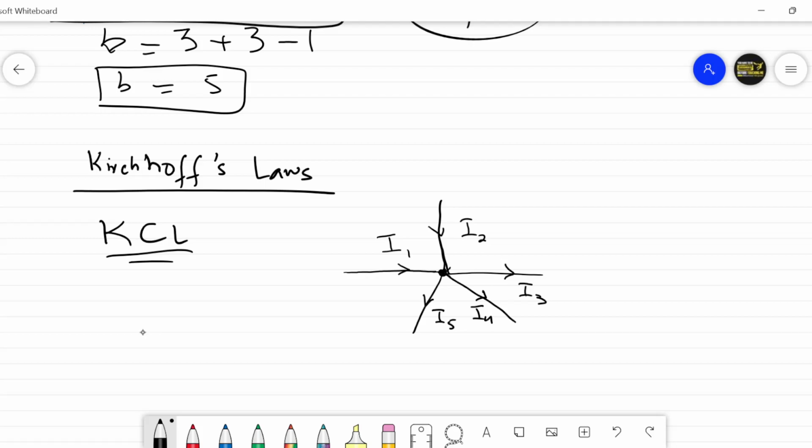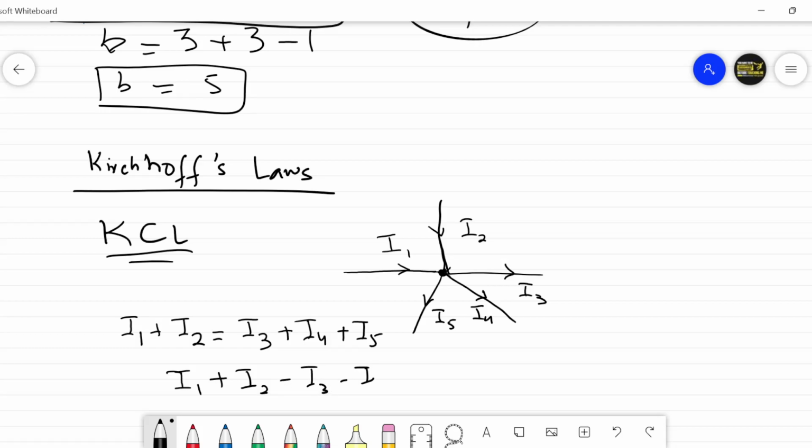So I1 plus I2, the current flowing into this node, is equal to the current flowing out of this node, that is I3 plus I4 plus I5. Or you can represent this as I1 plus I2 minus I3 minus I4 minus I5 is equal to 0.